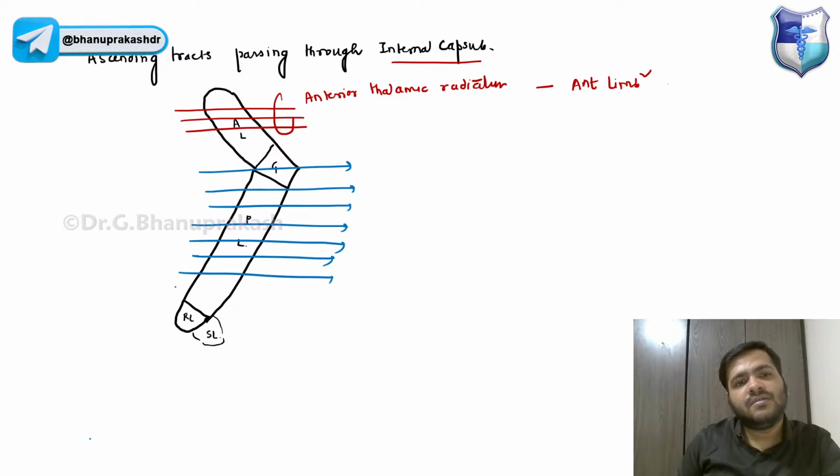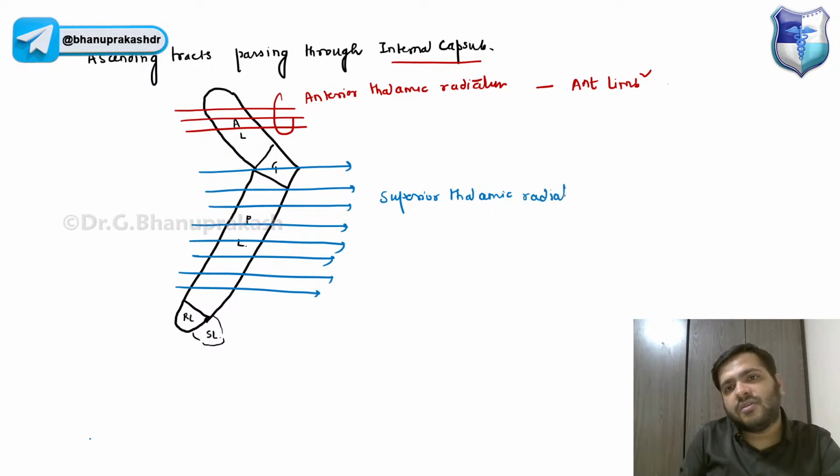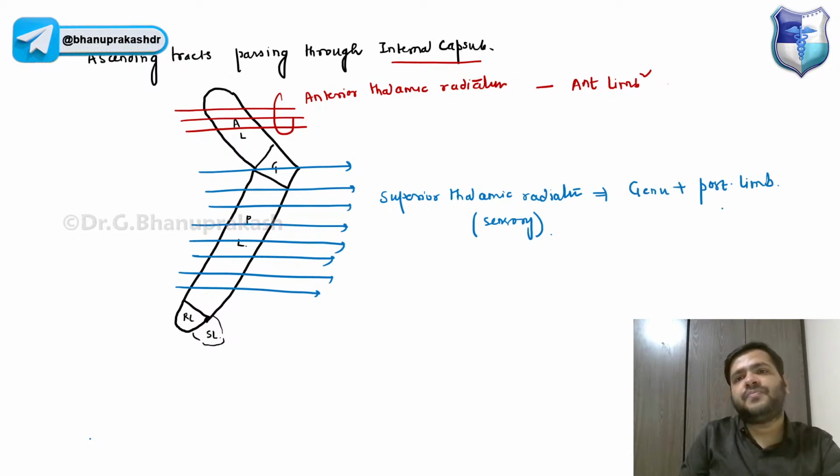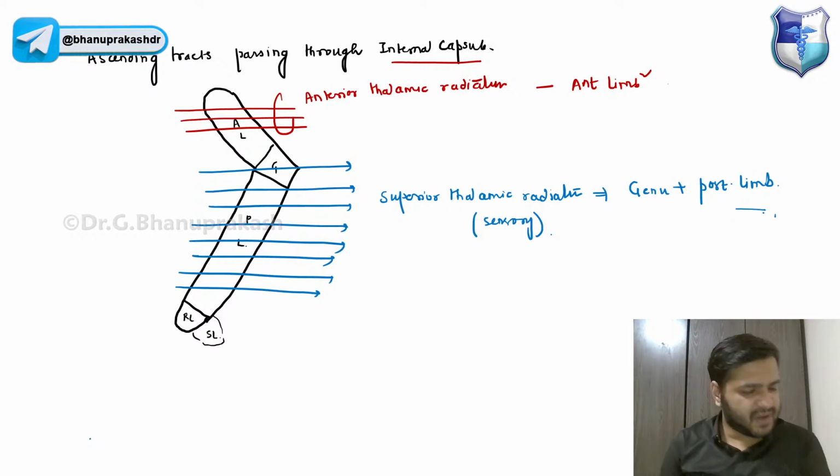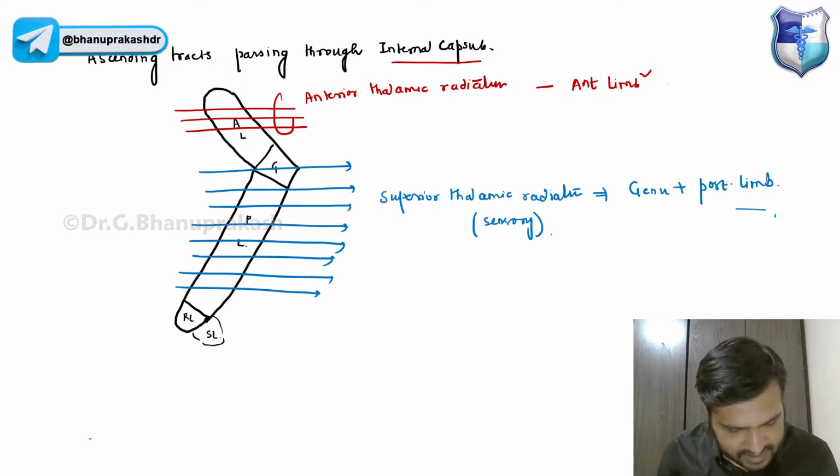So these are the superior thalamic radiations, or sensory radiations, passing from the genu plus posterior limb of the internal capsule.